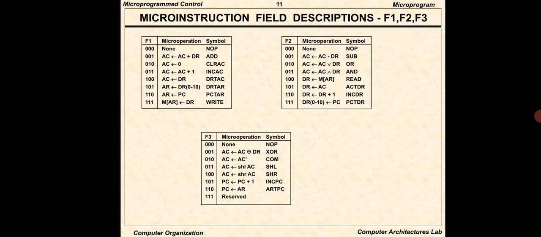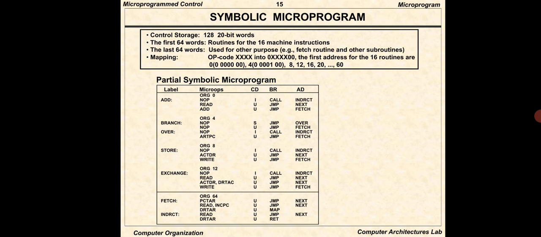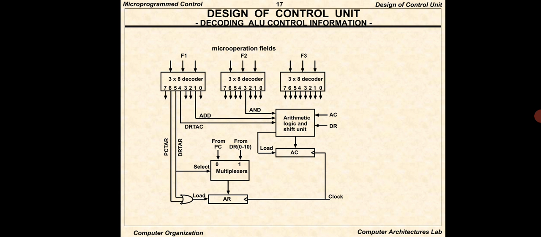If you remember this particular table, with 3 bits we generate 8 micro operations. For F2, 3 bits give 8 operations, and for F3, 3 bits give 8 operations. So in total, 3 bits give 8 operations in each field.